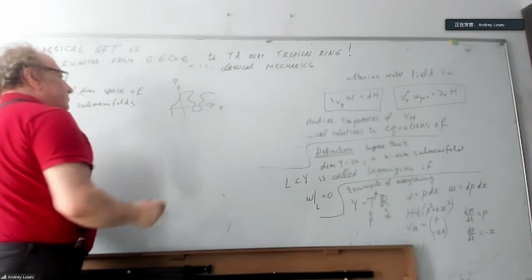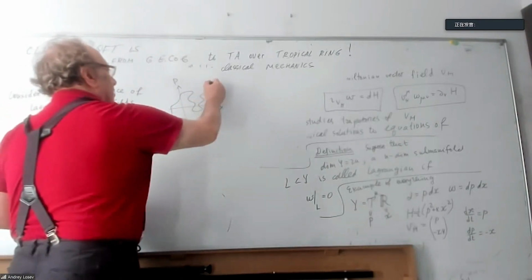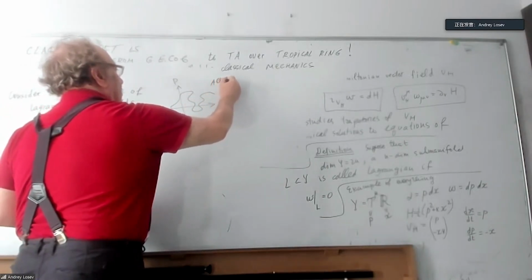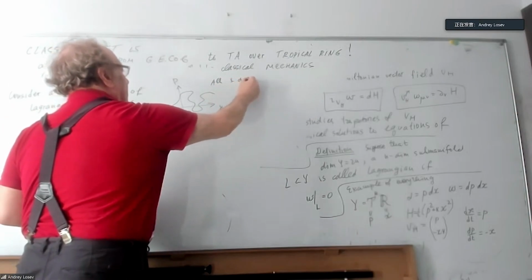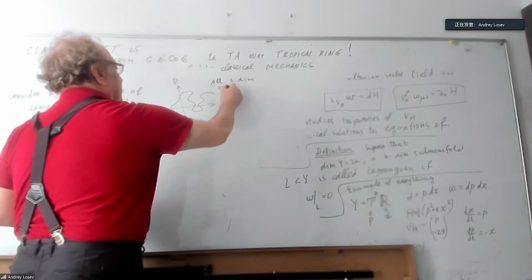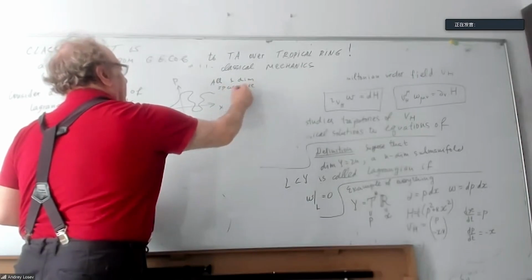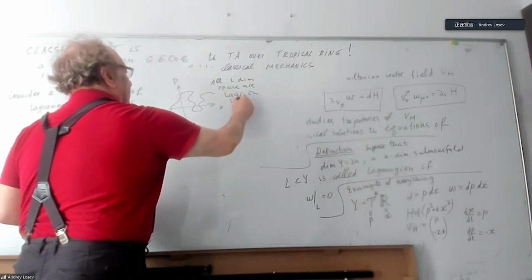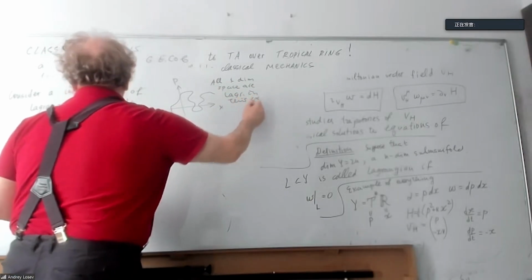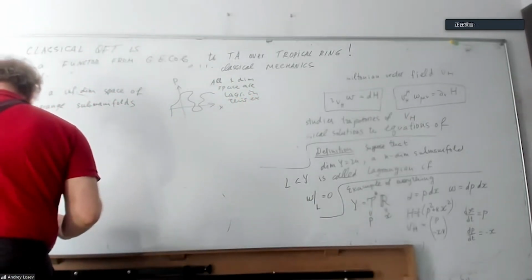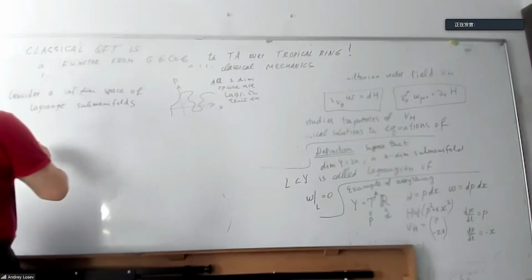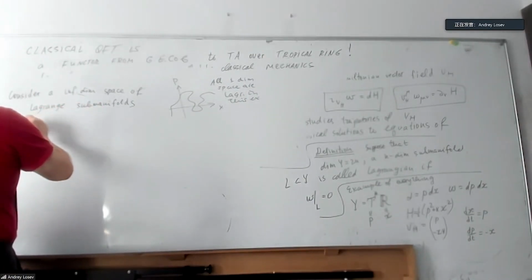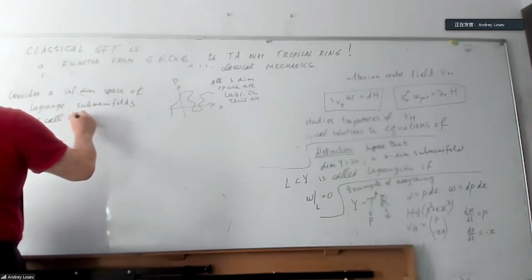So all one-dimensional spaces are Lagrangian. In this example, call it Lag.